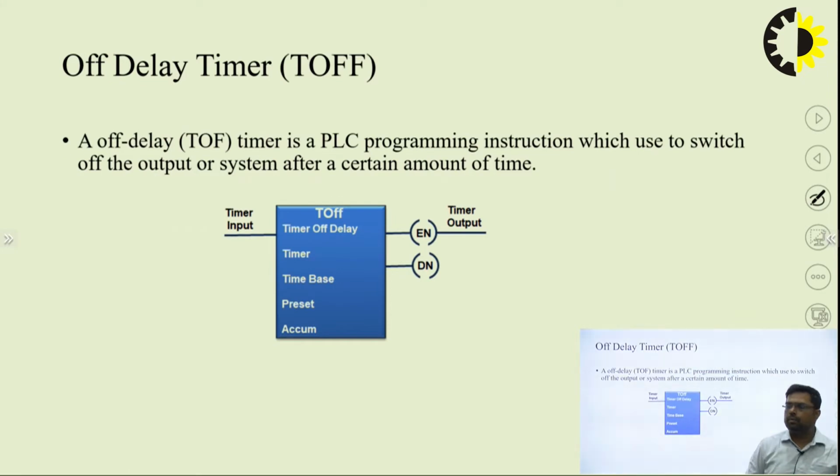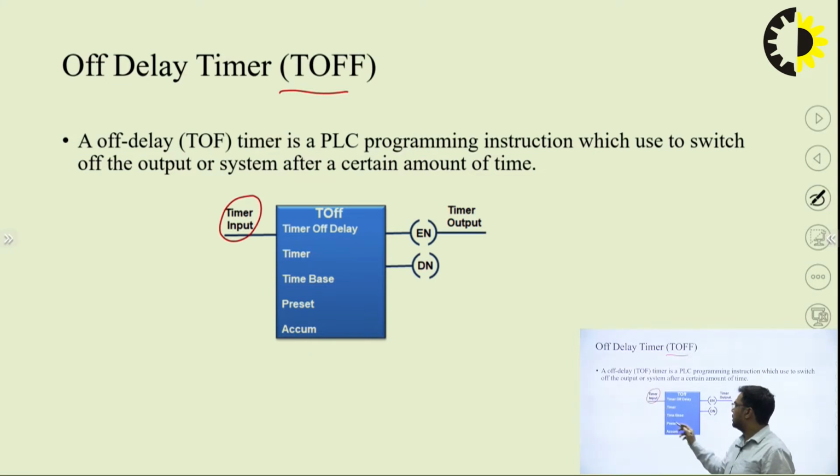Similarly, in the case of the off delay timer, as I already told you, the system is already in a running condition, but after a certain period of time we want to switch off the system. On that condition, the off delay timer will be operated. There will again be the same block. This is the timer input. There is a preset and there will be an accumulated value, but the difference is that this off delay timer is used to stop the process.